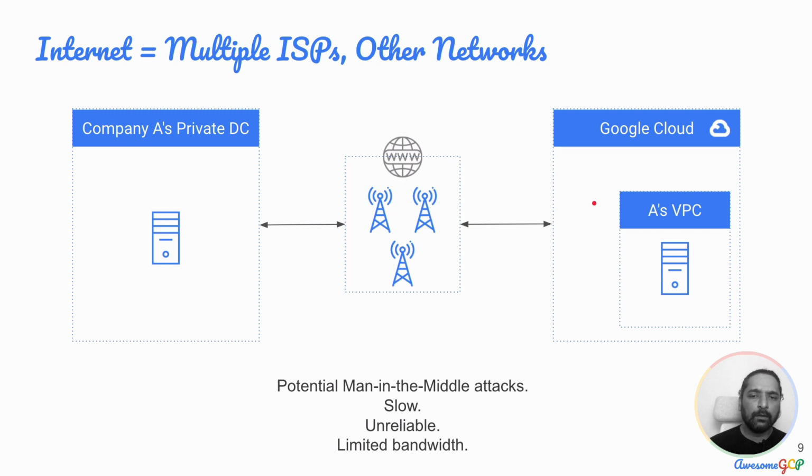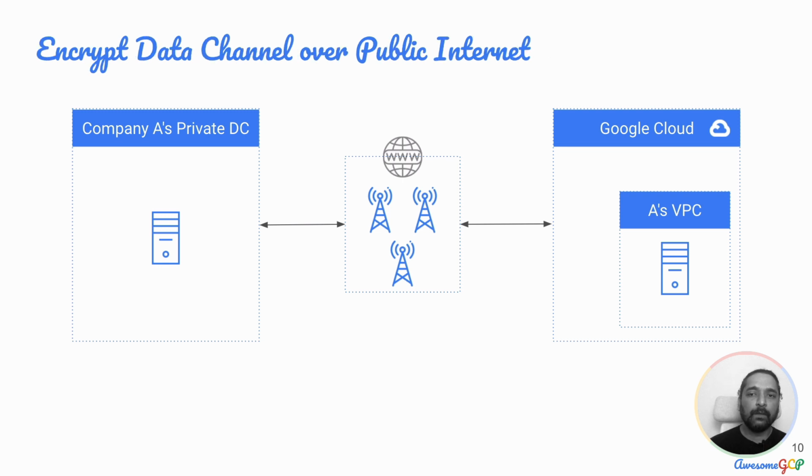So we want something more reliable, with better SLAs, and which is also going to be secure. One option, of course, is to remove the problem with the man in the middle attack, right? Is to say, let's encrypt the data.